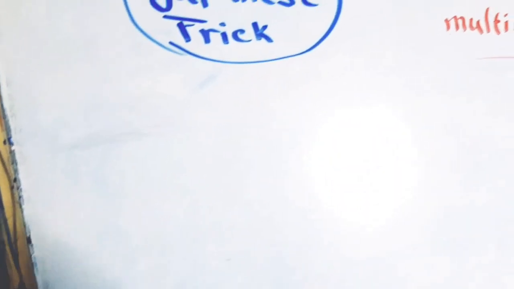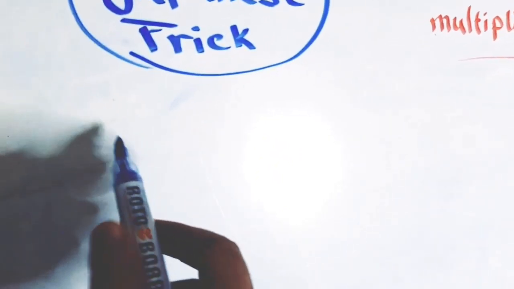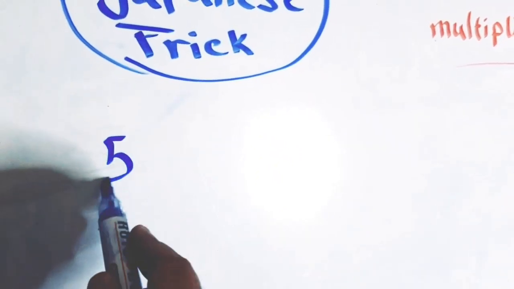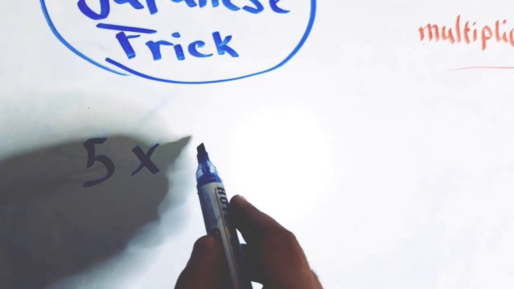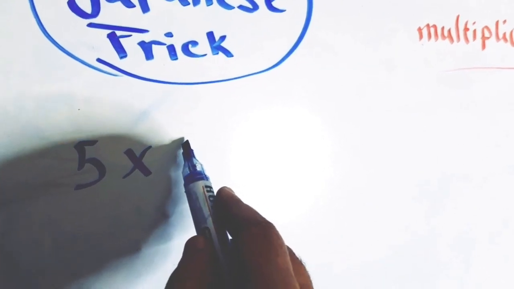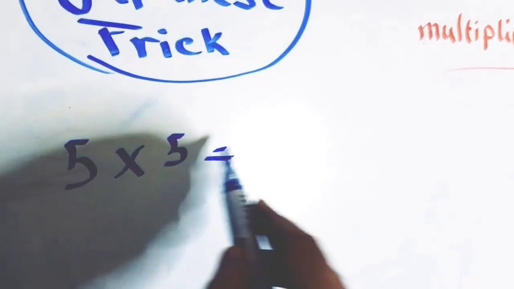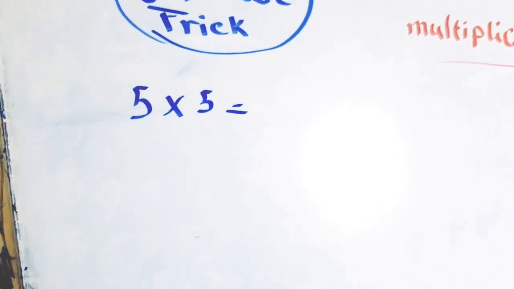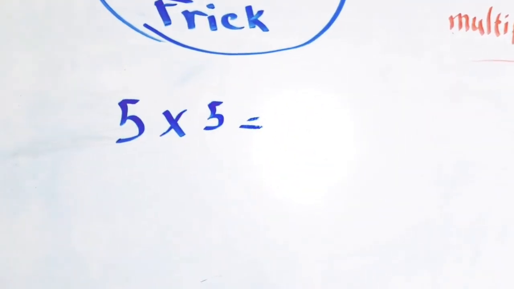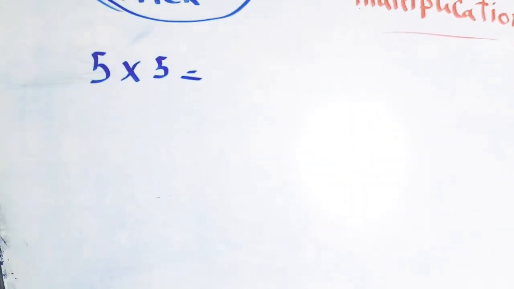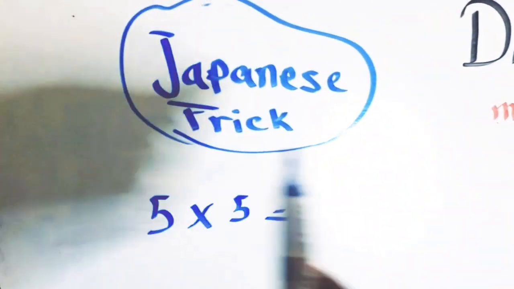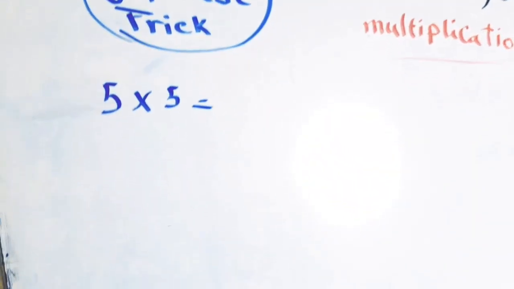For example, 5 times 5. We are gonna reach the multiplication product using the Japanese trick.